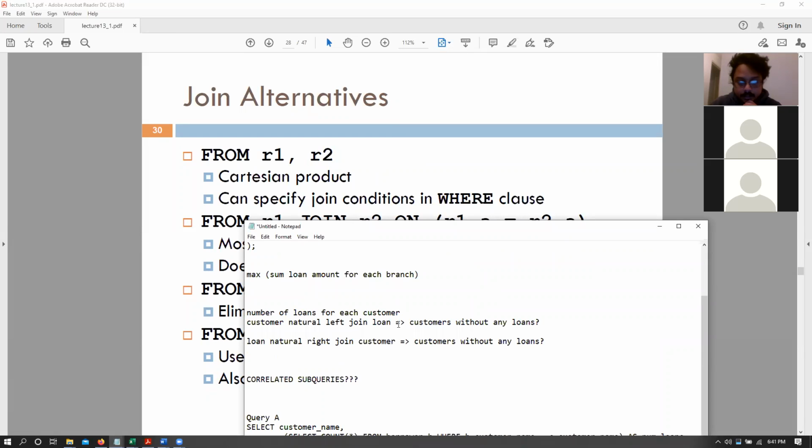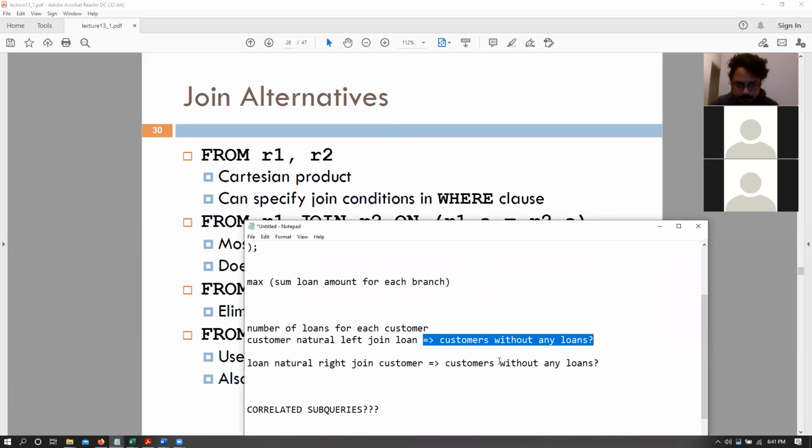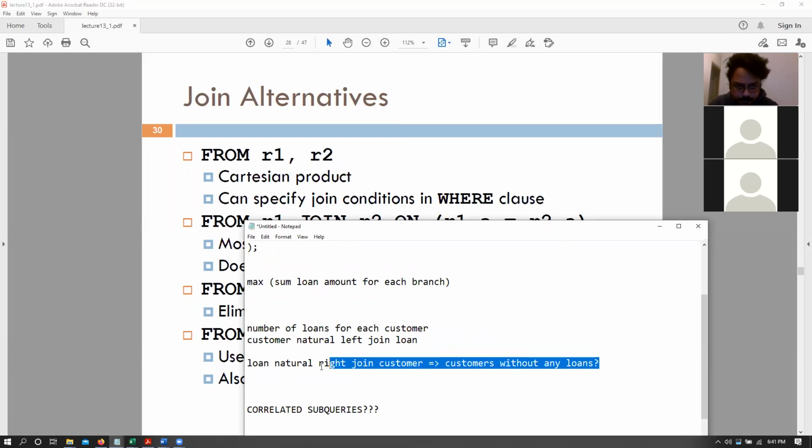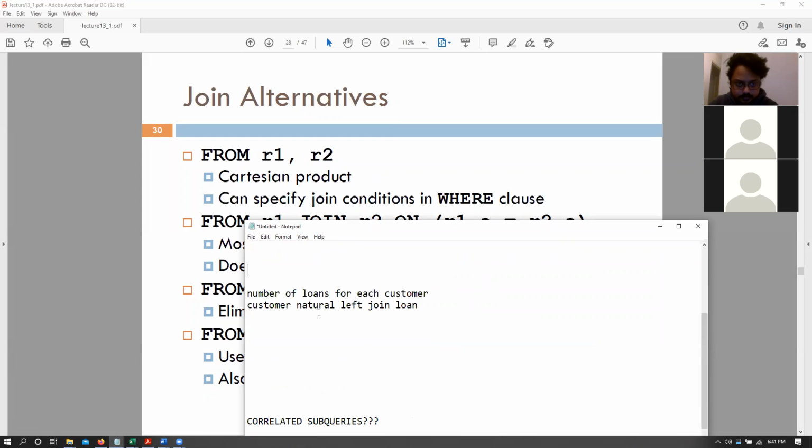Okay. Let's go back to this example that we were having, right? Okay. So can we write something? So remember that we said number of loans for each customer left natural join loan, right? So what happens if we remove this natural keyword from this list?